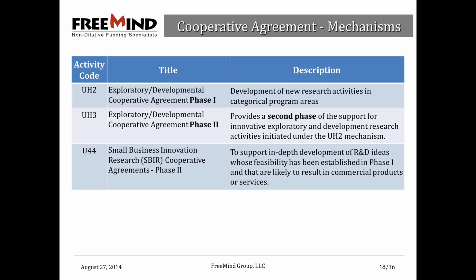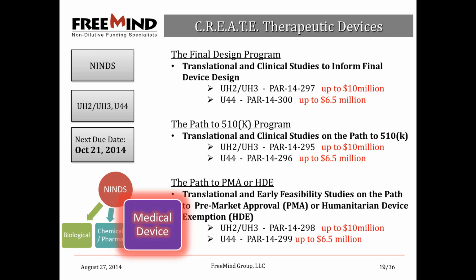So as you can see, you can receive in the UH2, UH3 up to 10 million, and the U44 up to 6.5 million. And the Path to 510K program up to 10 million, UH2, UH3, and up to 6.5 million for the U44. And the Path to PMA or HDE, UH2, UH3 up to 10 million, and U44 up to 6.5. So again, there's a lot of money to be had here.